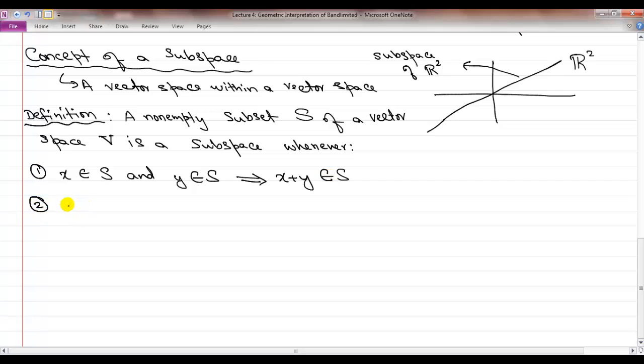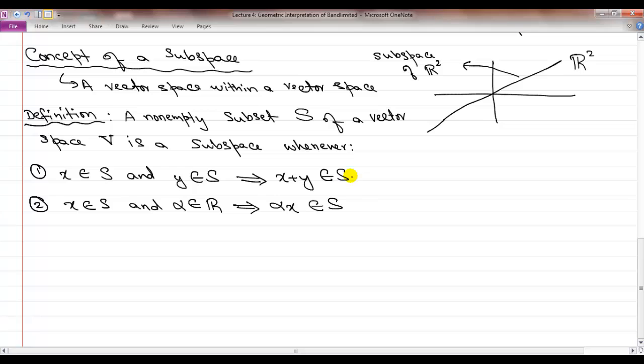And the second is that if X belongs to S and we have a scalar alpha belonging to the real line, then alpha times X belongs to S. Collectively, you can think of a subspace of a vector space as simply a collection which is closed under addition and closed under linear combinations of vectors.